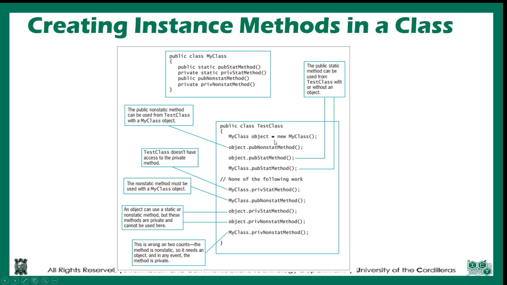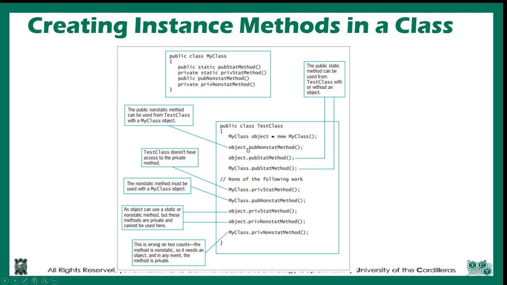Now inside the myClass object, we have the following methods: the public static, private static, public, and so on. Now here, object.pub_nonstat method actually means you are calling this object.